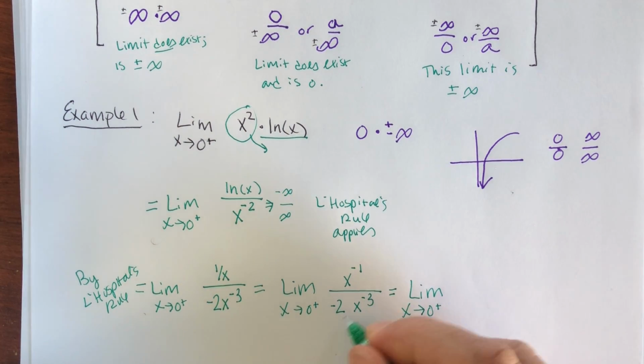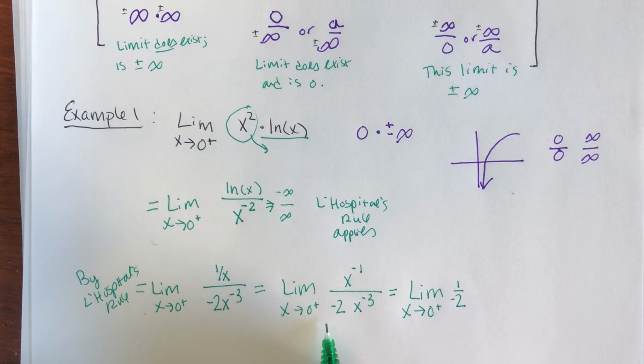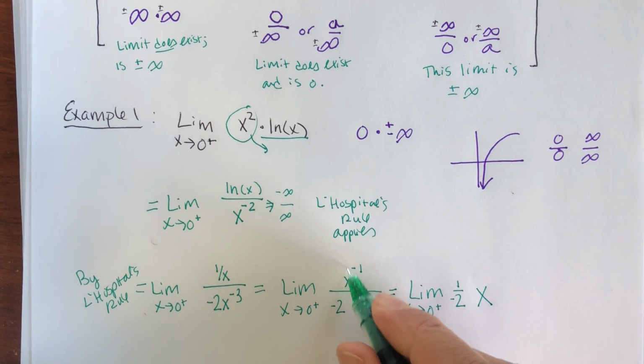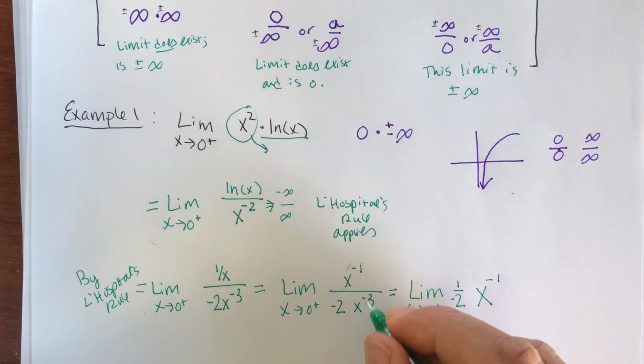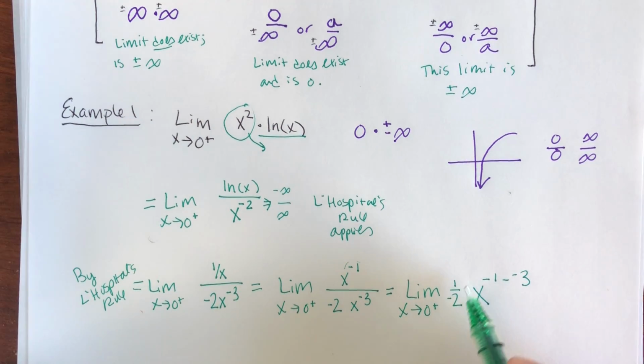So let me just pull out this negative 2 as a factor of negative 1/2. And according to my exponent rules, if I have a negative 1 on top and a negative 3 on the bottom, I can subtract them. So this is x to the power of negative 1 minus negative 3.